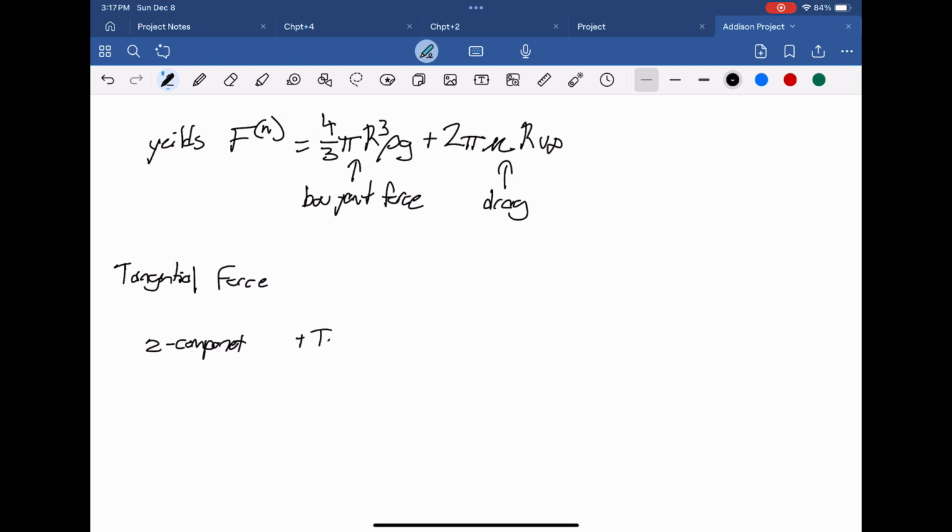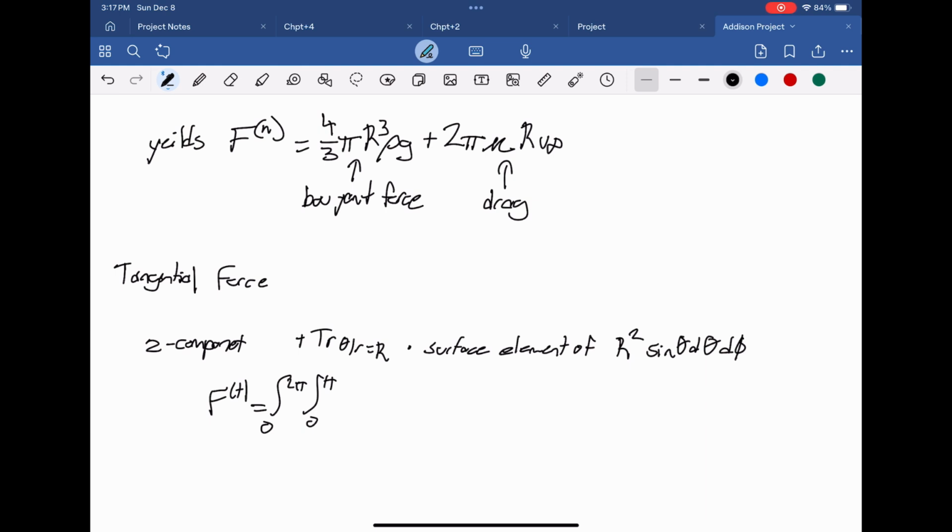We have tau r theta at r equal to R, multiplied by the surface element of the sphere, r squared sine theta d phi, which is going to yield us the tangential force equation of the integral 0 to 2 pi, 0 to pi, times tau r theta, where little r is equal to big R, times sine theta r squared sine theta d phi.